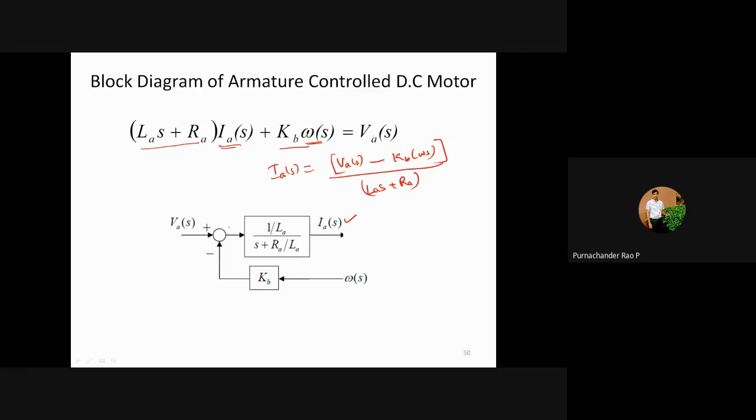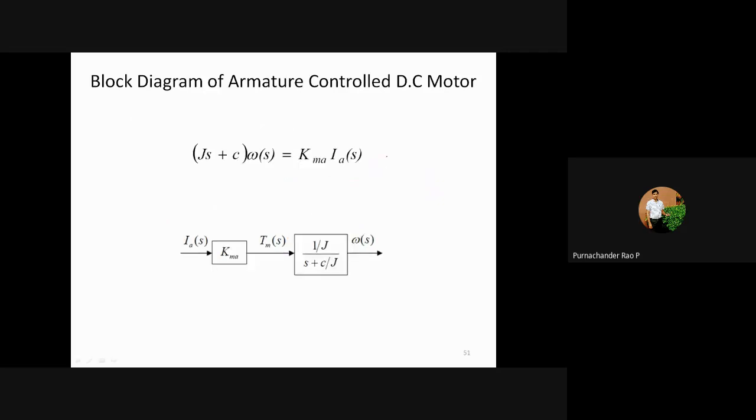So this signal here is nothing but VA of S minus KV into omega of S, and this is divided. Here we are taking LA common, so this is going to be LA by RA. That's why we are representing this value like this. So this is the block diagram for the first equation.